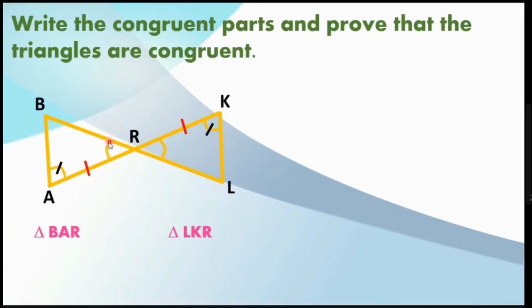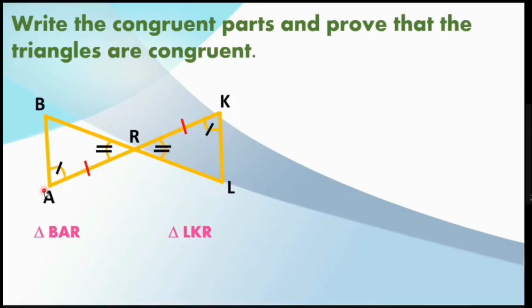Because these two angles here are vertical angles. Again, when we say vertical angles, these are opposite angles. Ibig sabihin, angles na magkatapat that are formed by two intersecting lines or two intersecting line segments. And the measurement of vertical angles are congruent. So therefore, this is the third part that should be marked congruent.